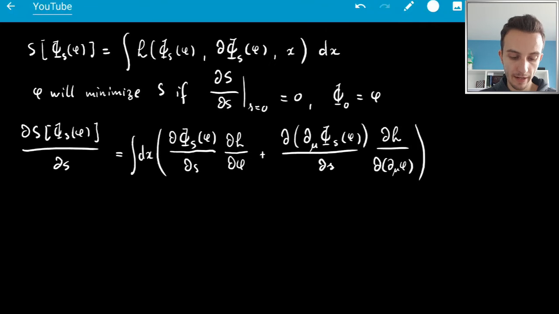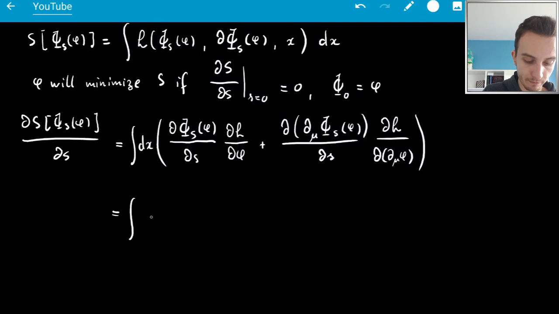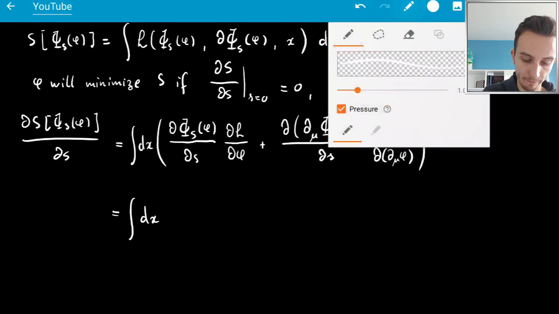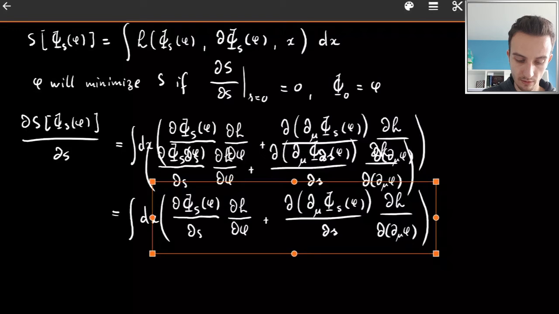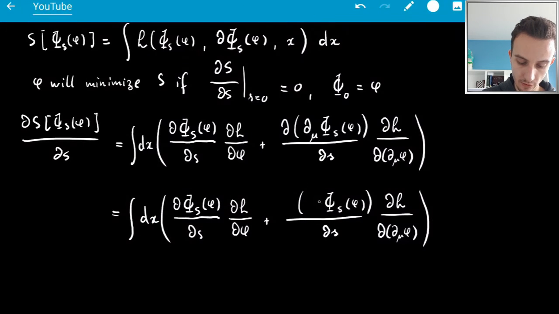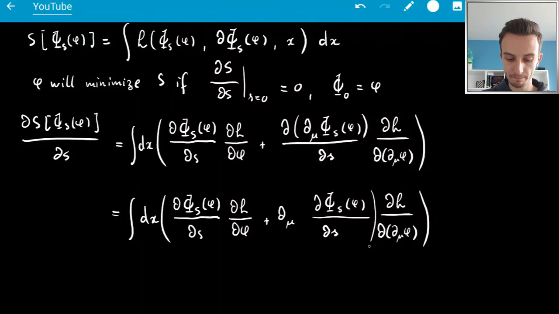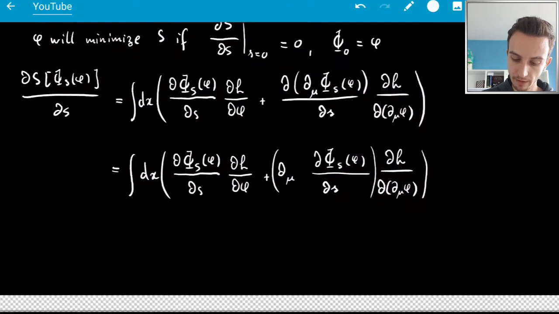Okay, and now you can recognize that obviously this derivative will commute with partial mu. So let me just copy paste this and then commute them. So here there is like this, and then partial mu, just making sure that it's like this.